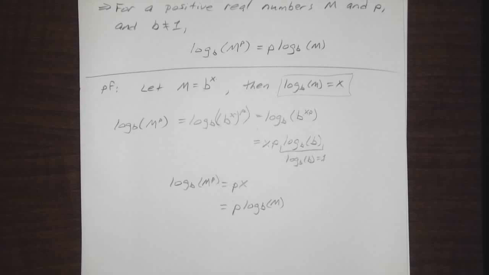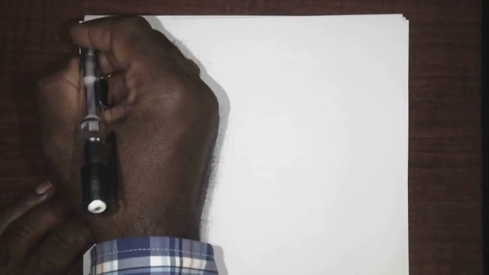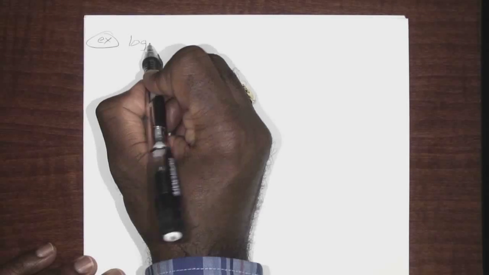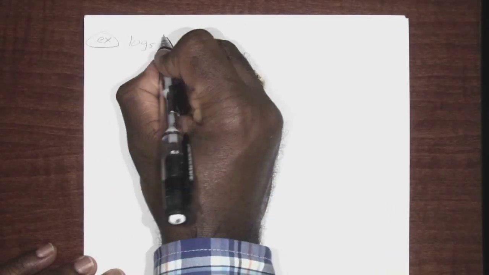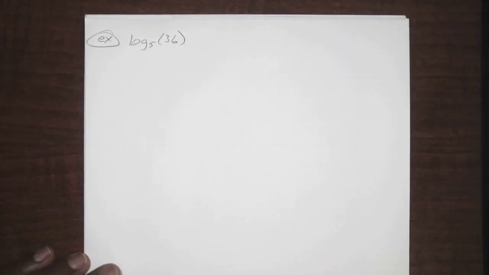All right, so let's say, for example, you have log base 5 of 36, and you wanted to simplify it.